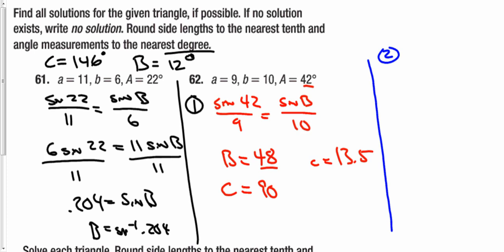But now we have to figure out how big my second angle is going to be. If my first angle is 48, my second angle has to be 180 minus 48. Because think about this. If I have my triangle right here, here was my height.